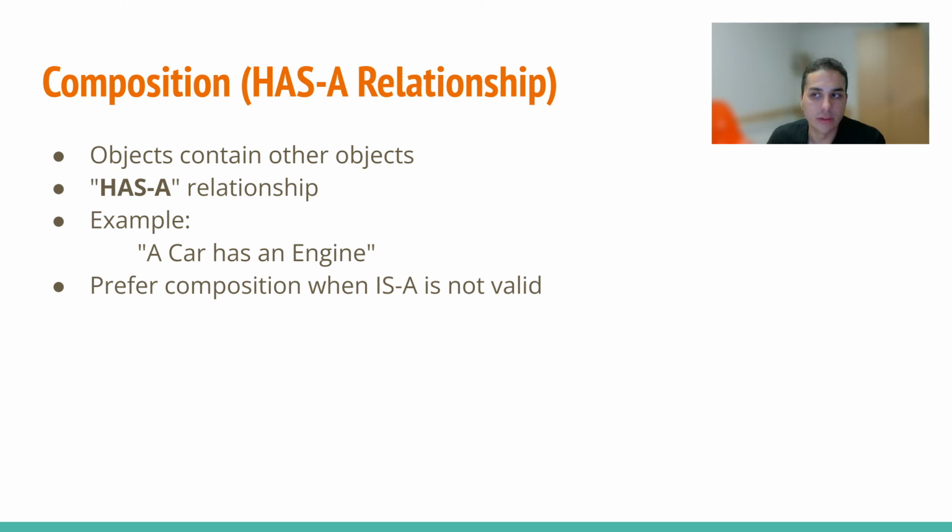Composition is often preferred for code reuse when inheritance doesn't semantically fit. A rule of thumb: first consider composition for sharing functionality. Use inheritance only if there is a clear is-a relationship. Just because it has an engine, it doesn't mean it is a kind of car. It can be a different thing. So it is different to think about this.